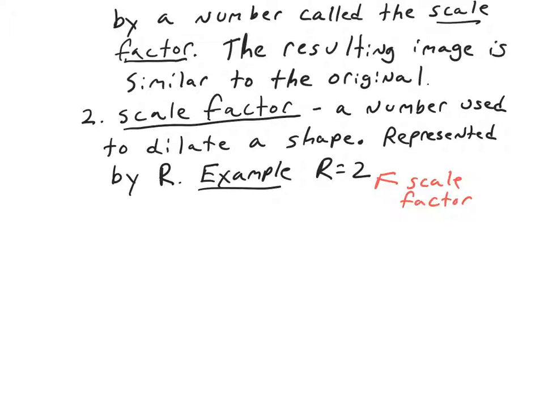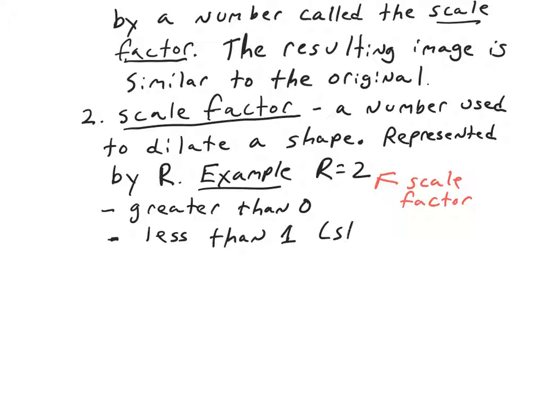Okay, so some properties of scale factors. It's always going to be greater than 0. If you had a scale factor of 0, it would just disappear the object. So it's always going to be greater than 0. And then if it's less than 1, you're going to shrink the object.